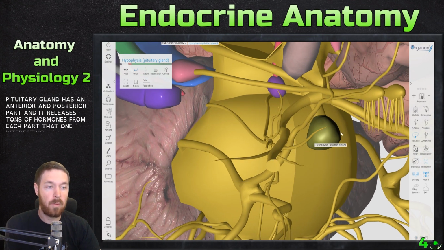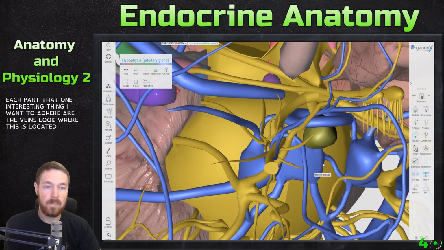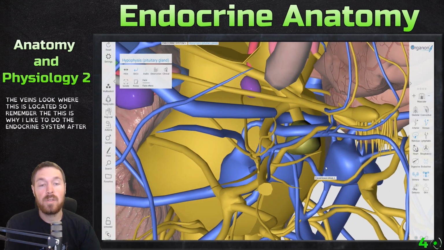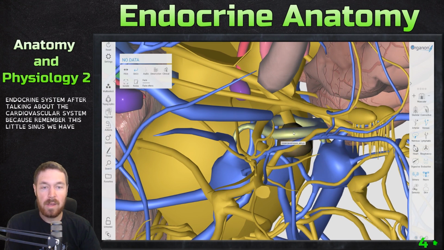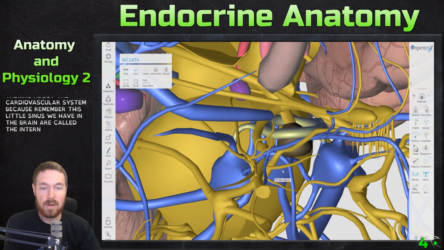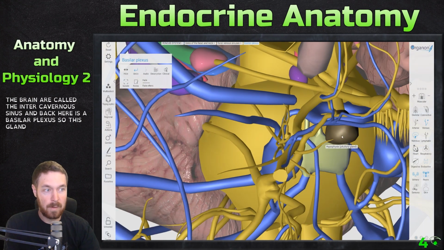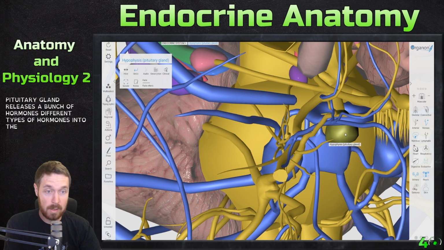Now, one interesting thing I want to add here are the veins. Look where this is located. If you remember, this is why I like to do the endocrine system after talking about the cardiovascular system, because remember this little sinus we have in the brain here is called the intercavernous sinus, and back here is the basilar plexus. So the pituitary gland releases a bunch of different types of hormones into the blood.